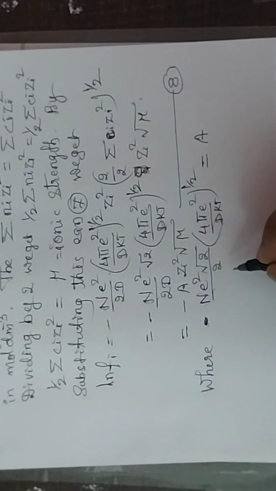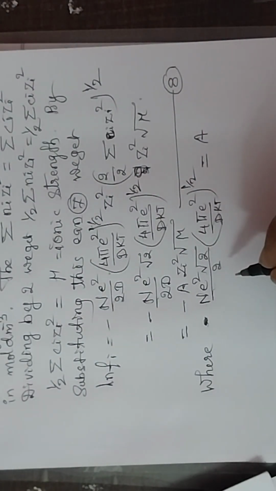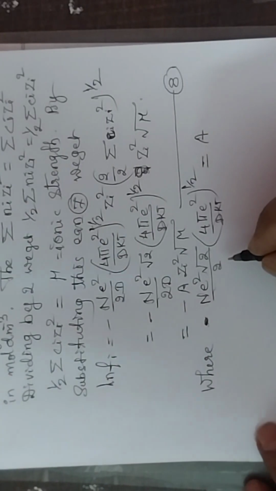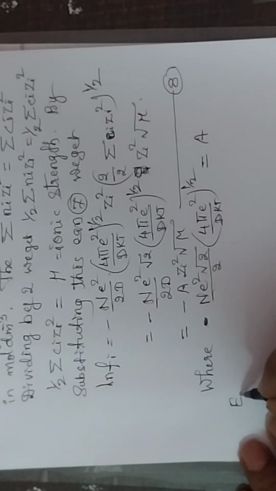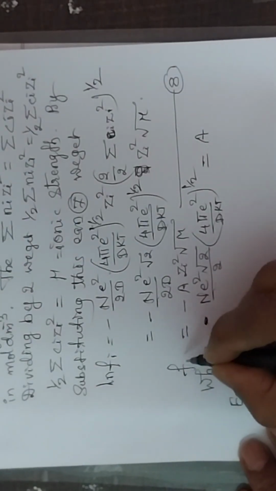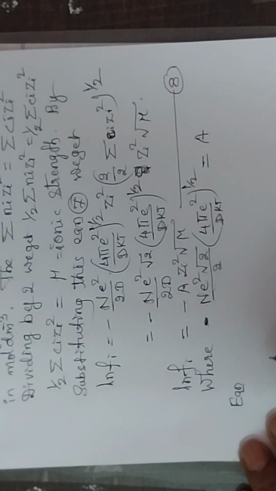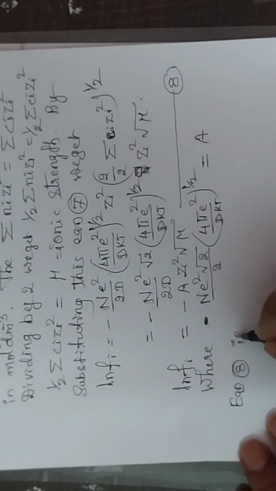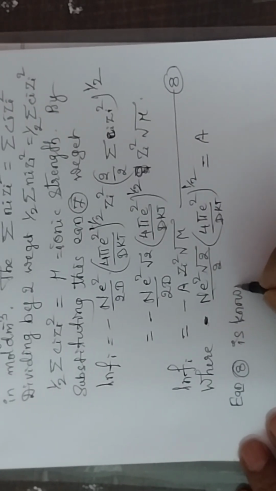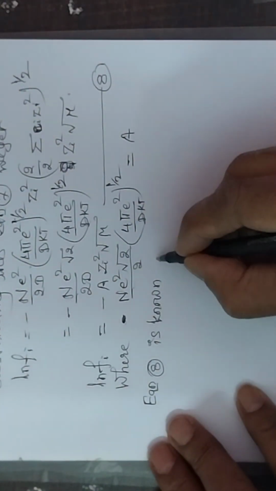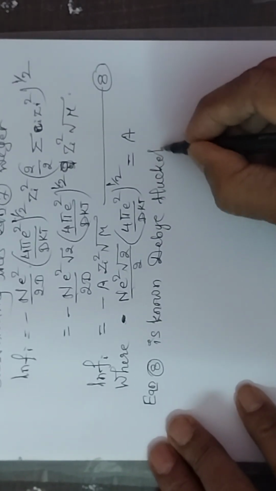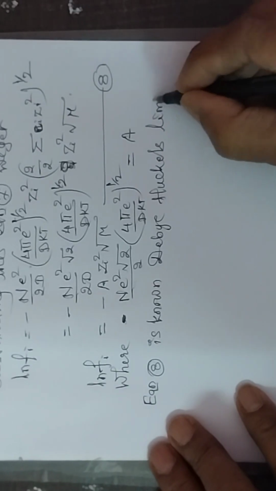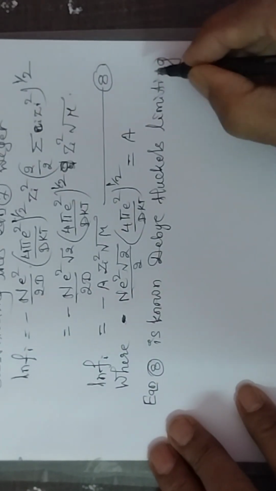Equation 8, that is ln fi equal to this, is known as Debye Huckel's limiting law.